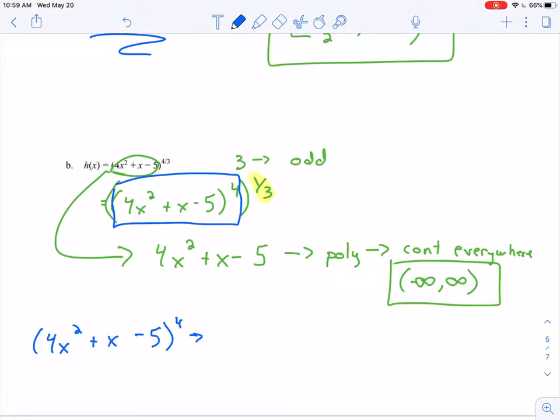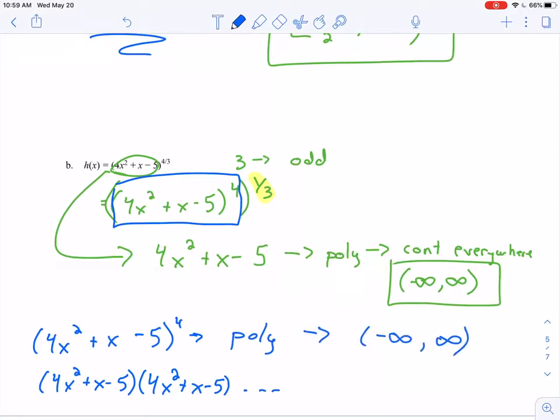If you wanted to figure out what that is, you'd have to take 4x squared plus x minus 5 times 4x squared plus x minus 5, and you do that 4 times altogether. It'd be a very tedious process, but what you'd end up with is actually still a polynomial. It is still continuous everywhere, which would lead us to the same conclusion, that it is still continuous on negative infinity to positive infinity.